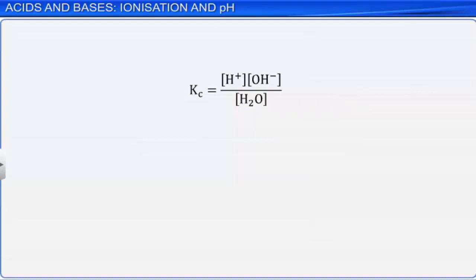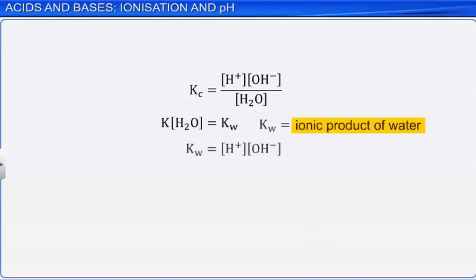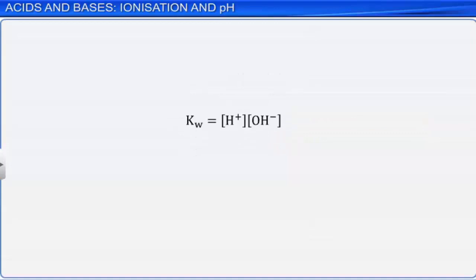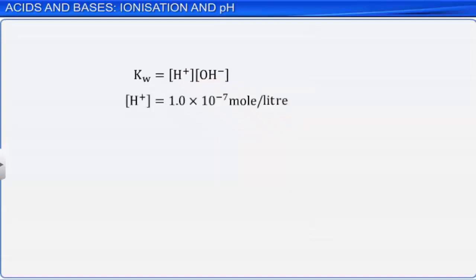Thus, the concentration of H2O can be incorporated in the value of Kc to give a new constant, Kw, called the ionic product of water. The ionic product of water, Kw, at a given temperature is defined as the product of the concentrations of the H plus and OH minus ions in water or in aqueous solutions.